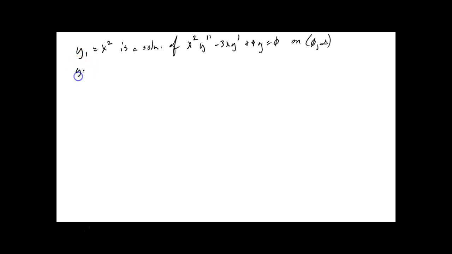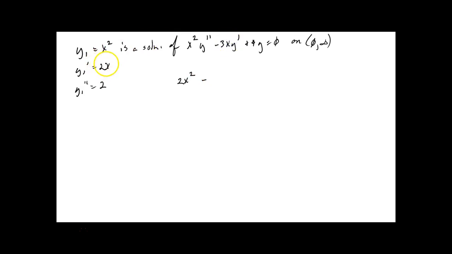Let's do y1 prime, and that's 2x. And y1 double prime is 2. Let's see if this works then. This says that x squared times 2, that's y1 double prime, minus 3x y prime. Okay?